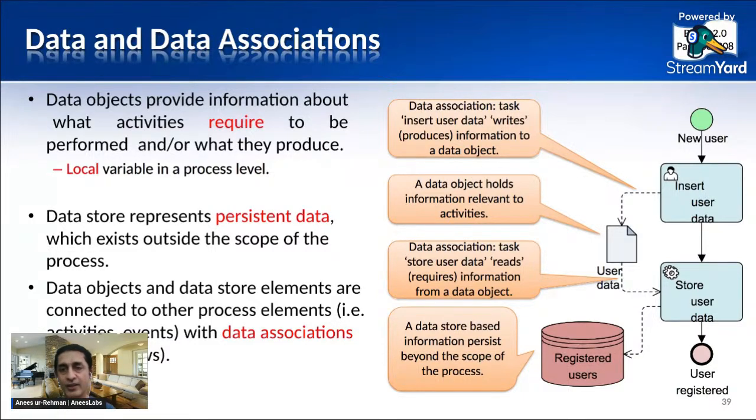Here we are talking about insert user data. When user data is inserted, the second task is store user data. There are two ways. We can use that data in a caching mechanism rather than storing it to a global variable and passing it, because every implementation has its own limitations on passing global variables or global data.